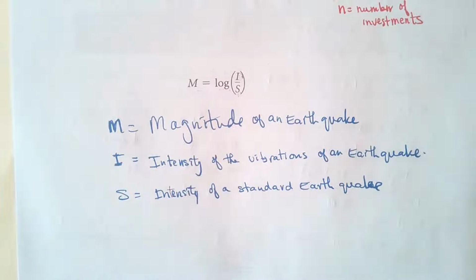For example, if an earthquake has a magnitude of 9 and another earthquake has a magnitude of 7, the earthquake with magnitude 9 is 100 times as intense as the earthquake with magnitude 7. Because it's 10 to the power how many times more? So 10 to the power 2 is 100.